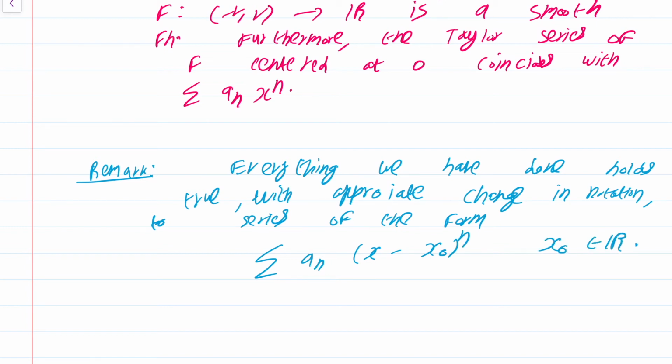So whatever theory we have developed, whatever theorems we have, can also be proven with just a change in notation for series that are centered at a point different from 0, namely the point x_0.